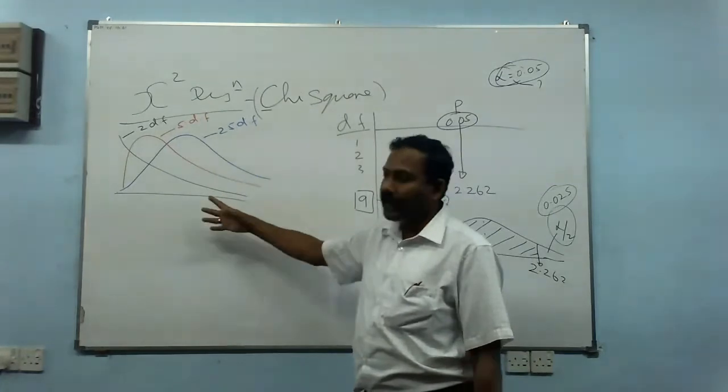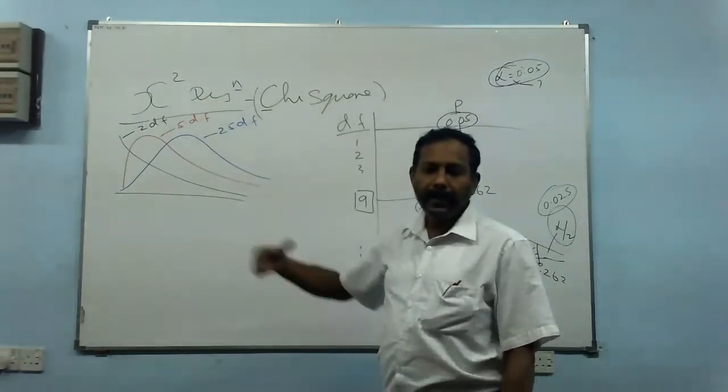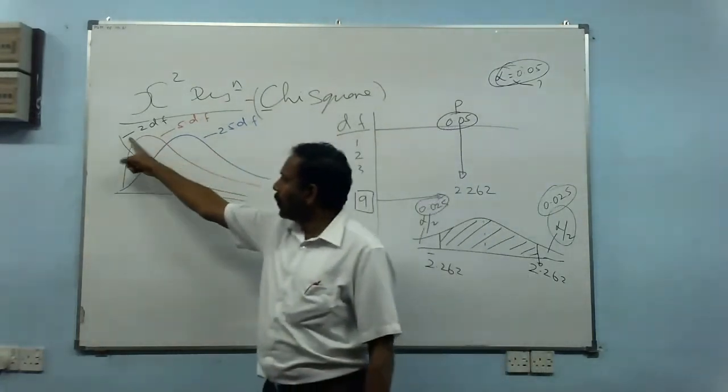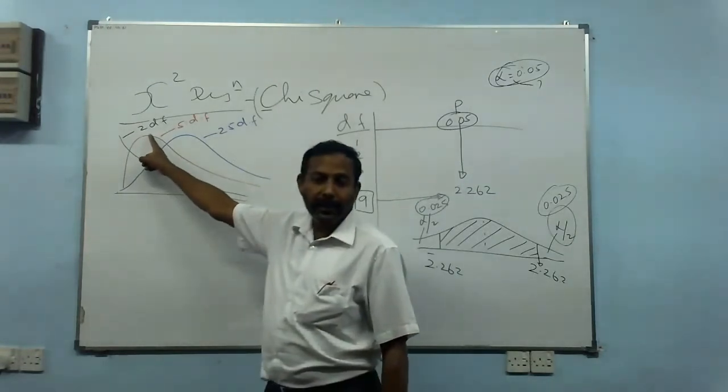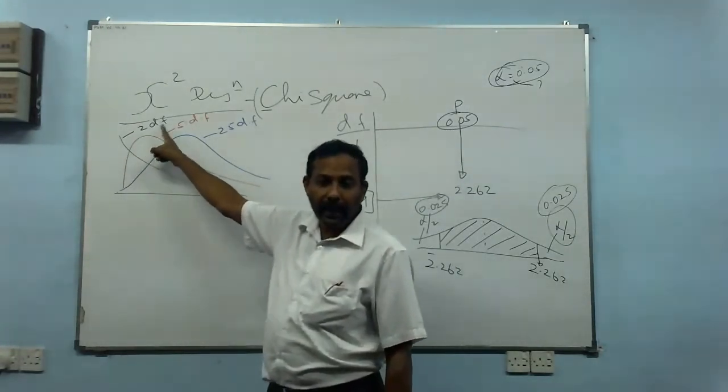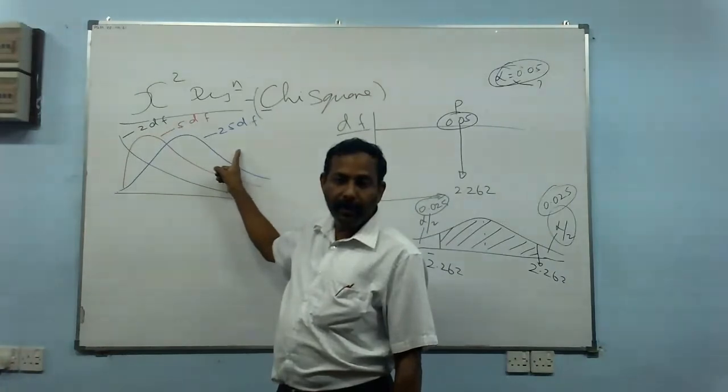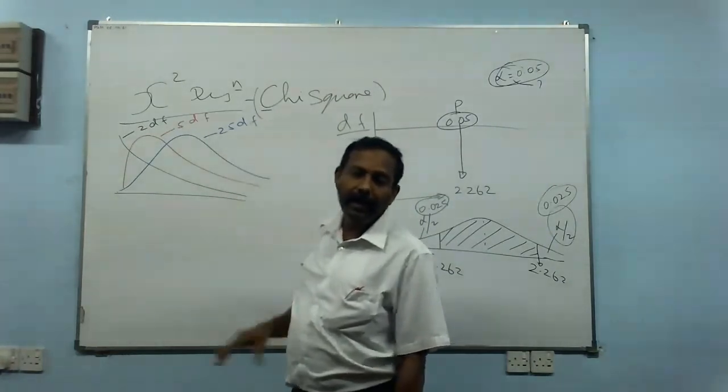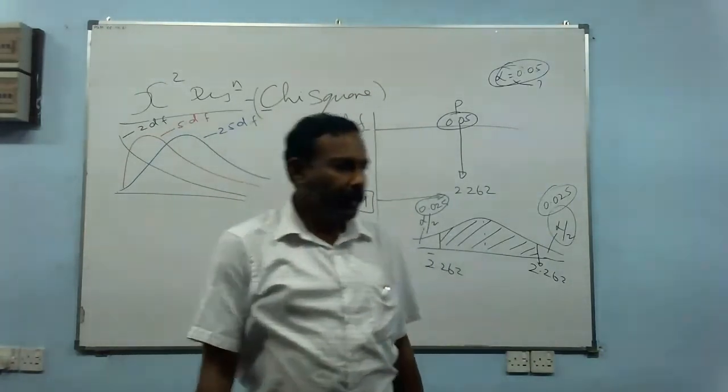So this is an example, right? Initially the degrees of freedom is low, it is no more called a normal distribution. Then once you increase the degrees of freedom, it tries to behave like a normal distribution.